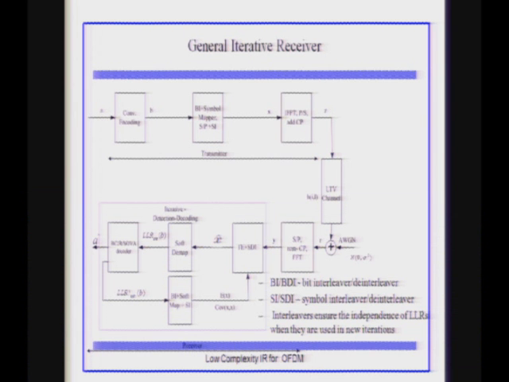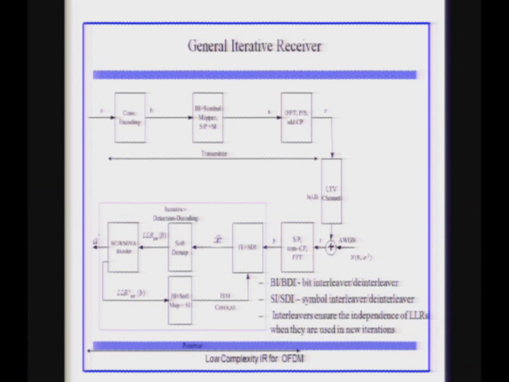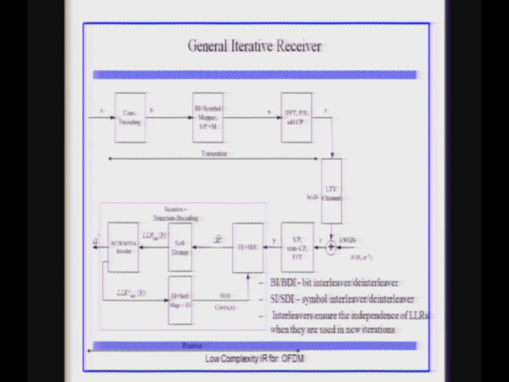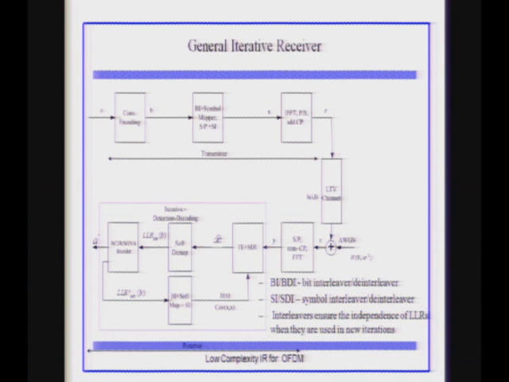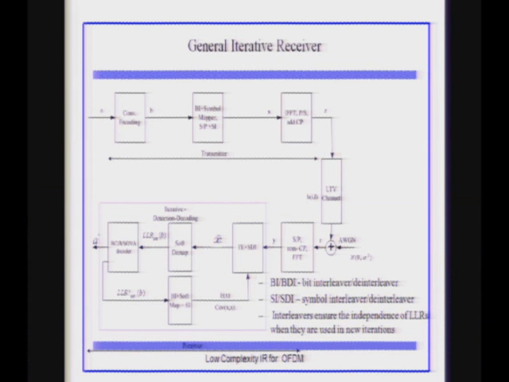That goes into a MAP decoder, such as BCJR or a soft Viterbi decoder, and that gives you another set of LLRs, which are a refined version of the input. That gets mapped onto the expected value of the transmitted symbol and the variance thereof. These two, the mean and the variance of the input symbol, along with the observation vector, are used in the turbo equalizer, and you make an estimate.